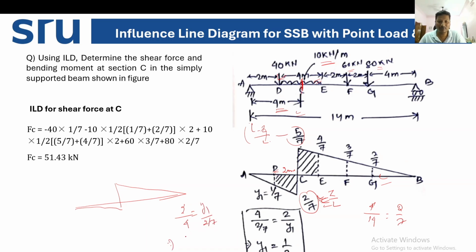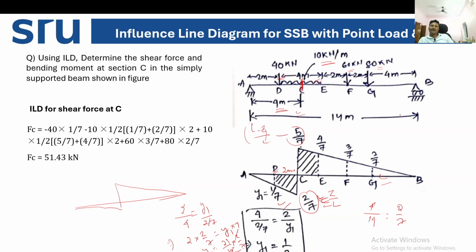So 2 into 2 by 7 is equal to y1 into 4. From this we can calculate y1 is equal to 2 by 4 into 2 by 7. So 2 cancels, 2 cancels, so 1 by 7. So y1 is 1 by 7.